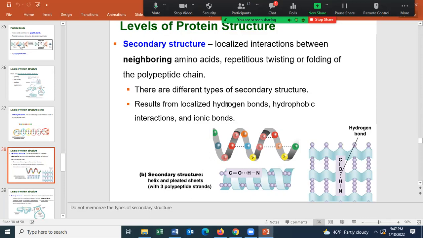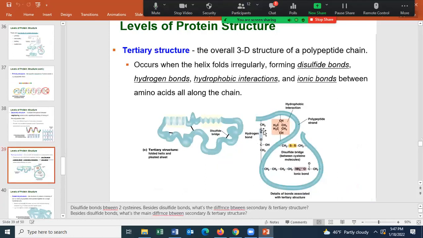Now, I won't ask you, but there can be different types of secondary structure. There can be an alpha helix, as shown here, where the protein starts coiling like a spiral staircase. There can be a random coil, which isn't shown here, but it's sort of shown here.